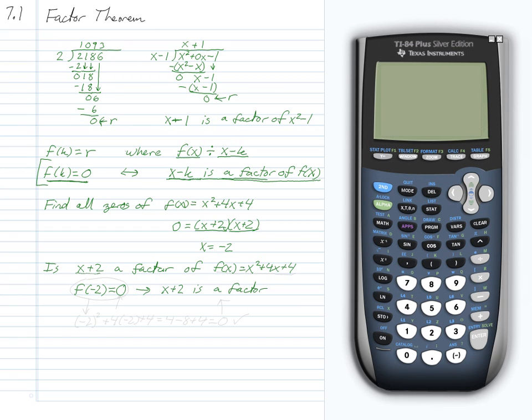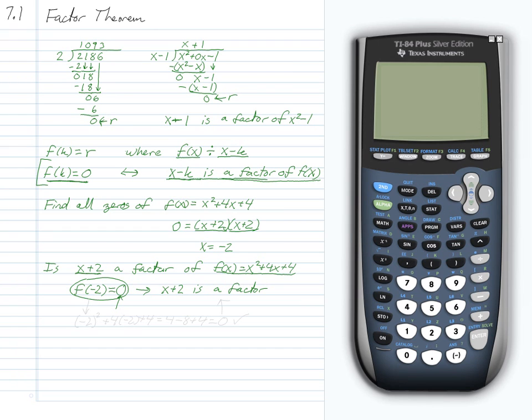So we can either perform synthetic division, try to divide f of x by x plus 2 and see if it divides evenly, that is, see if we get a remainder of 0, or if it's more efficient, we can evaluate f of negative 2, and remember that evaluating our function will give us exactly the same result as if we found the remainder by dividing our function by that linear factor.